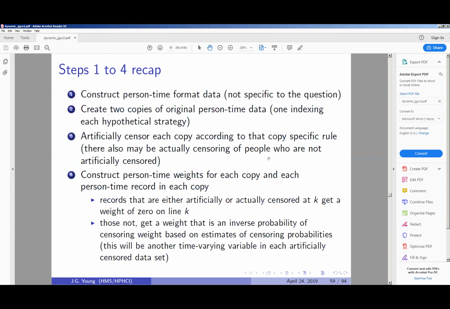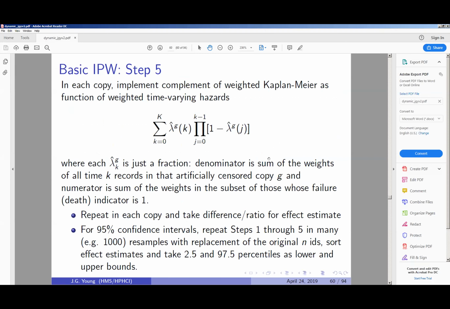So now let's do a step 1 to 4 recap. We construct the person time data, we create copies, we artificially censor, and we construct the person time weights. The last step is we're just going to do an analogous computation to that IP weighted representation of the G formula.